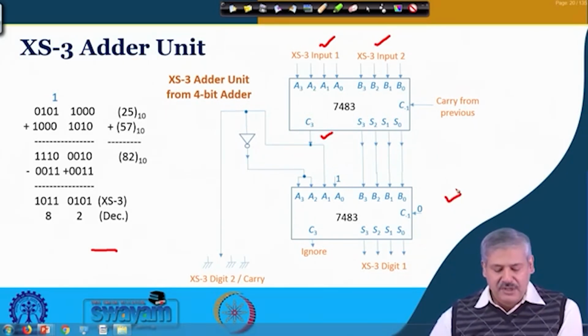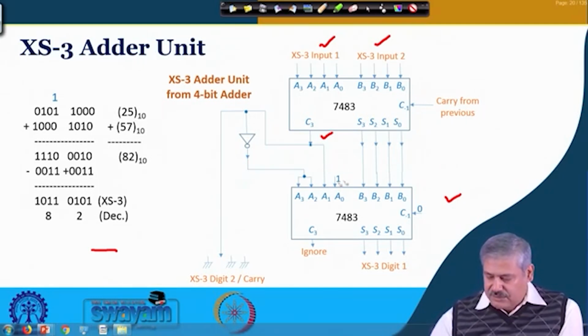Okay. So, if carry is generated, this output will be 0. So, 1 1 is getting added, and this is the carry which might go to the next stage. If carry is generated, this will be 1, and this is 0 and this is 0.